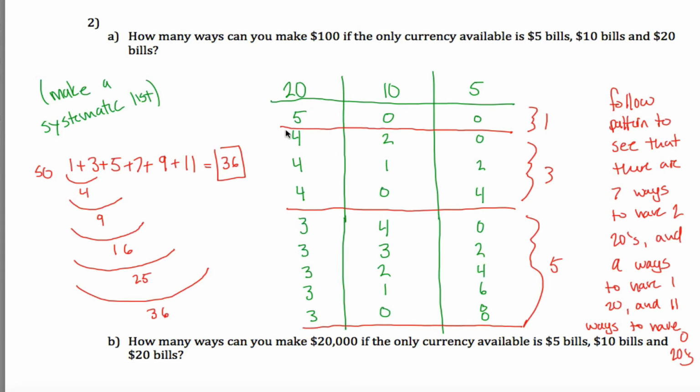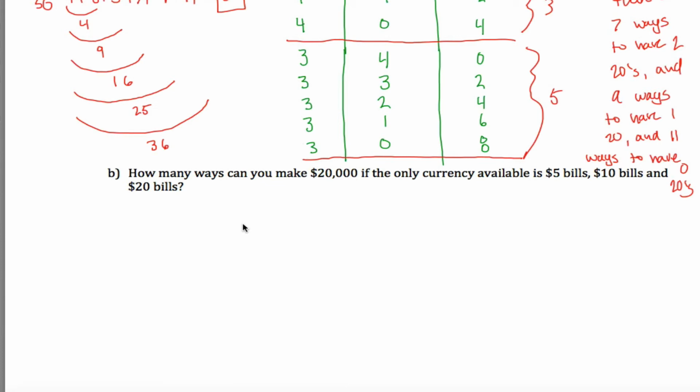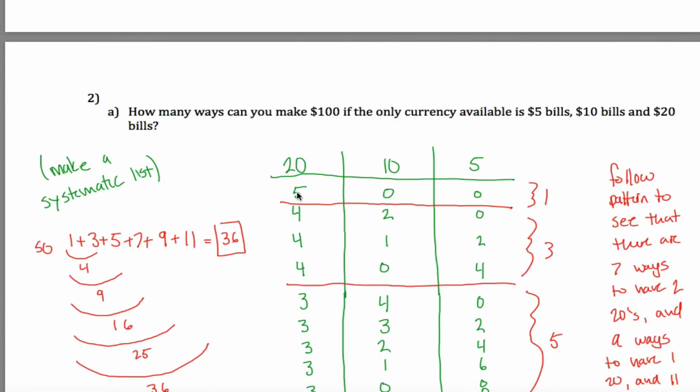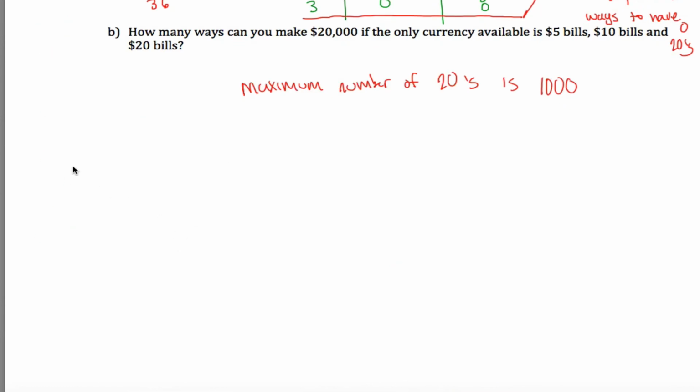And the answer was 6 squared, 36. So down here, the maximum number of 20s is, well, let's see, to make $20,000, I guess that would be 1,000 20s. Up here, the maximum number of 20s was 5, and the answer was 5 plus 1 squared.